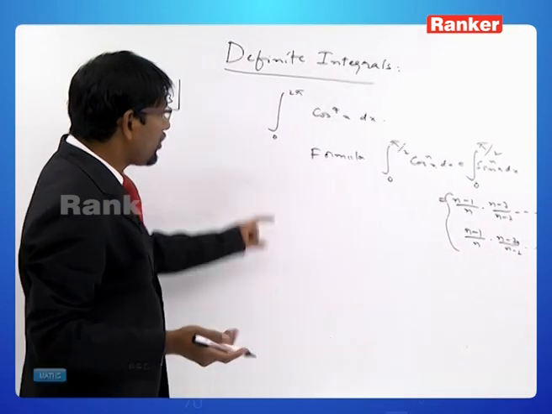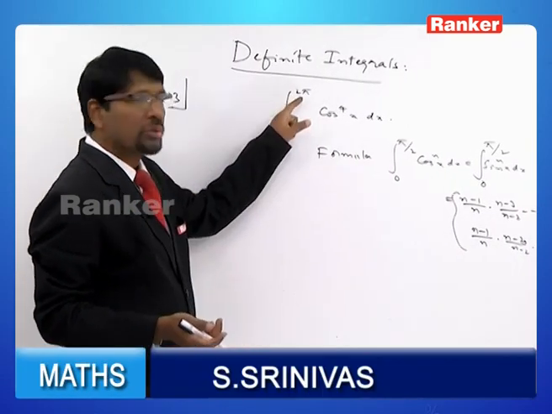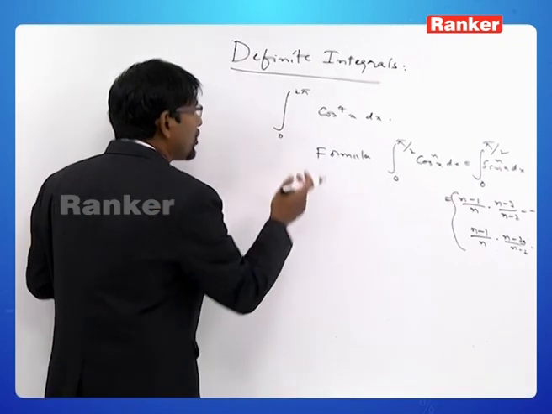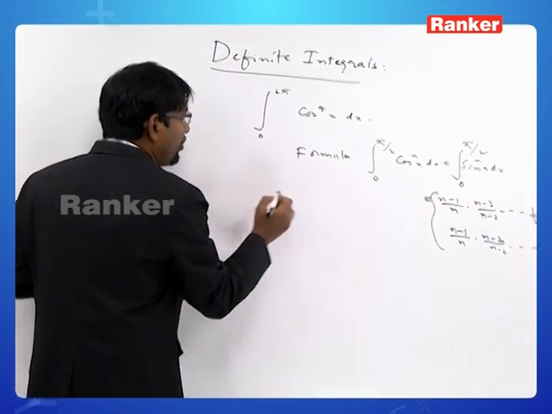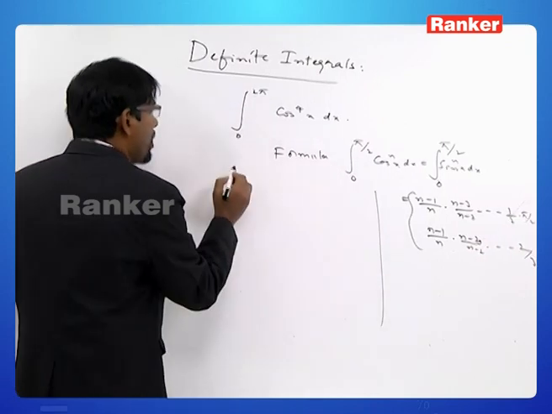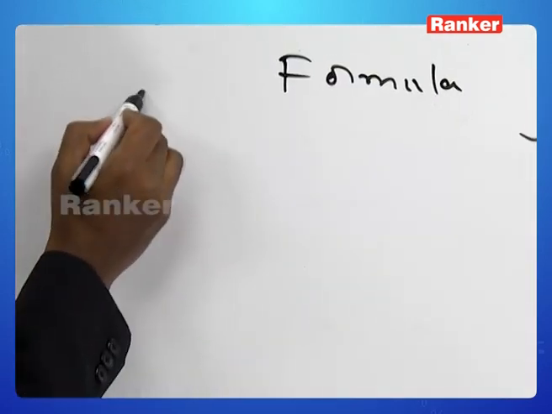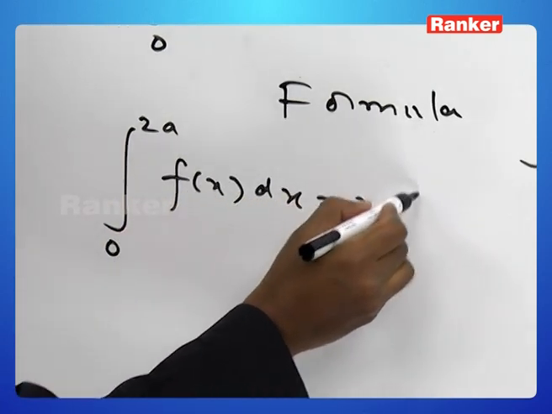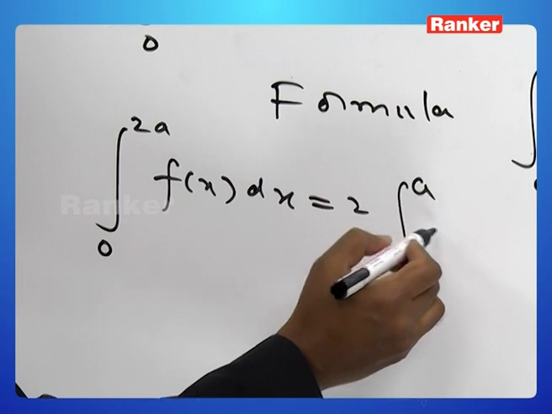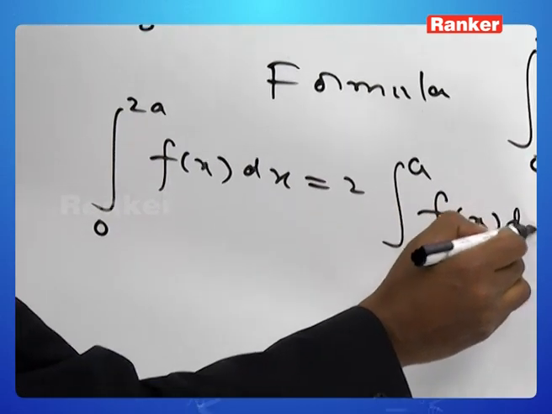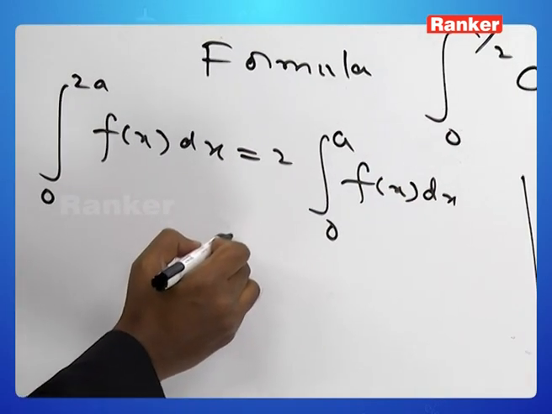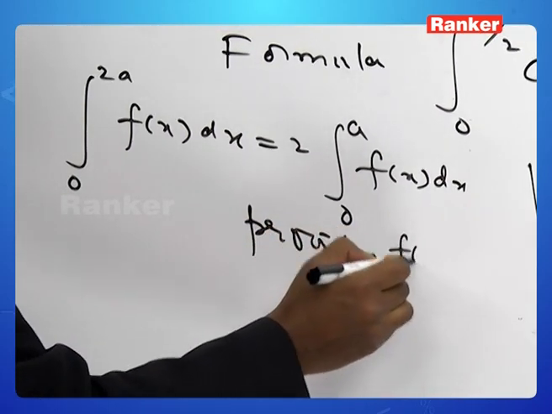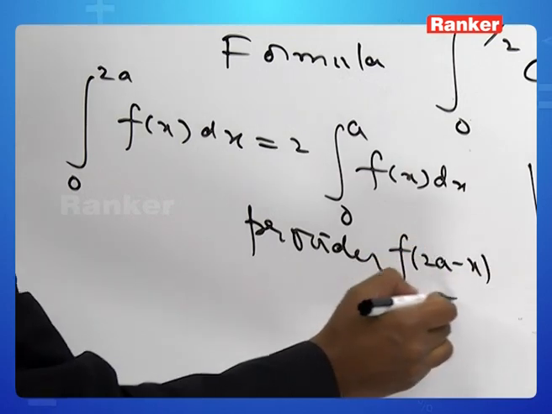Now, can we convert this integral into one from 0 to pi by 2? Let's see how, if it can be converted. We again make use of this property. Integral 0 to 2a of f of x dx is 2 times integral from 0 to a of f of x, provided f of 2a minus x is equal to f of x.